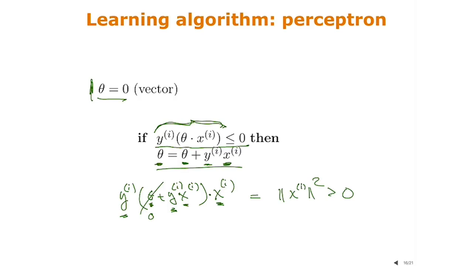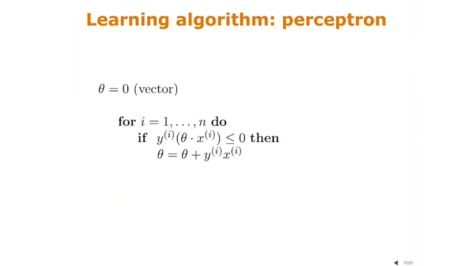Now what we're going to do over the whole training set is we start with the 0 parameter vector and then go over all the training examples. And if the ith example is a mistake, then we perform the update that we just discussed. So we nudge the parameters in the right direction based on an individual update.